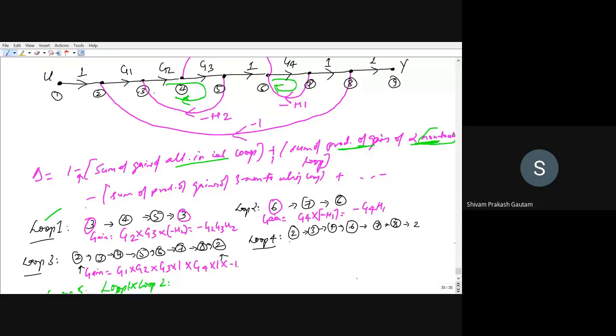That is very important. Minus 1 is very important, right? So what will be our overall gain? Minus of G1, G2, G3, and G4. This is our gain.